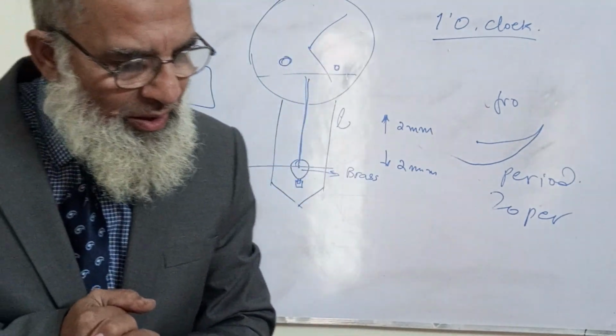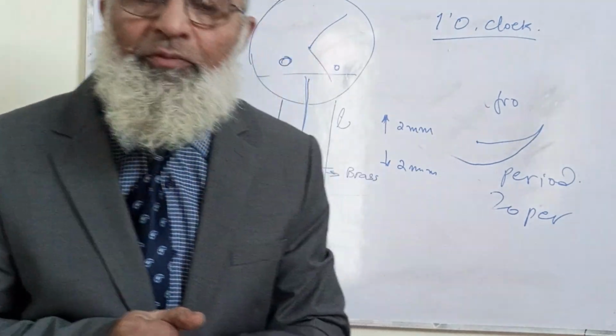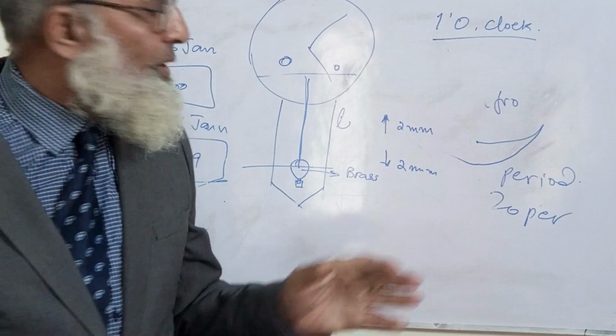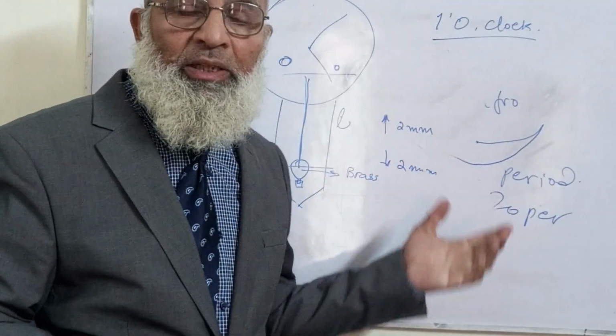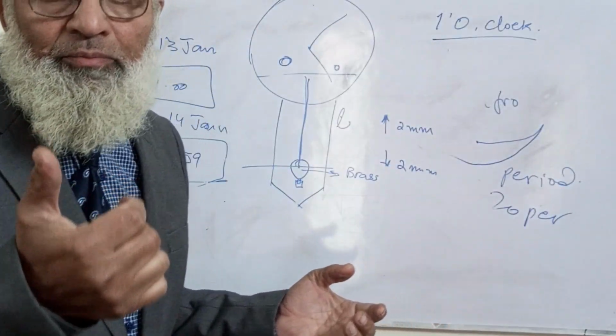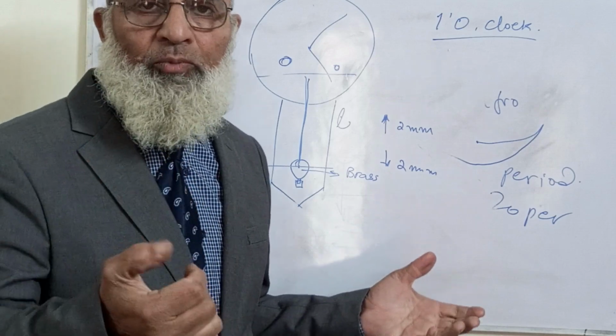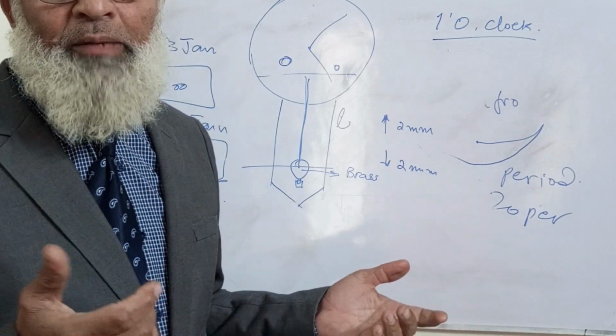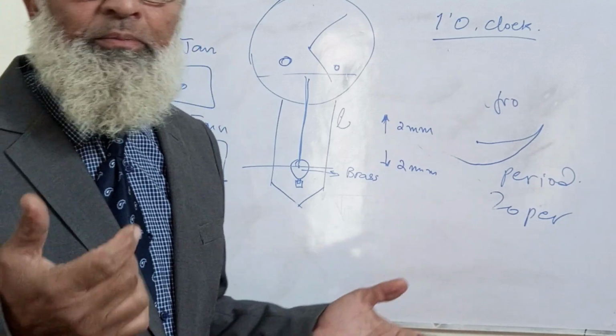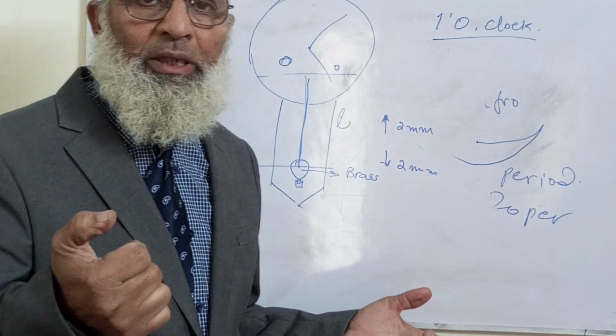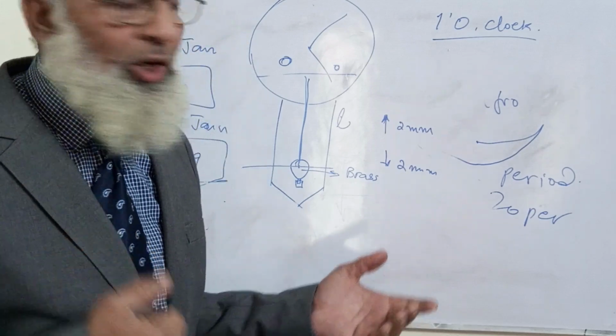So there are questions. Why did the student record the time for 20 oscillations? I already told you, because when we put on our stopwatch, maybe I am a little late or a little early on the clock.